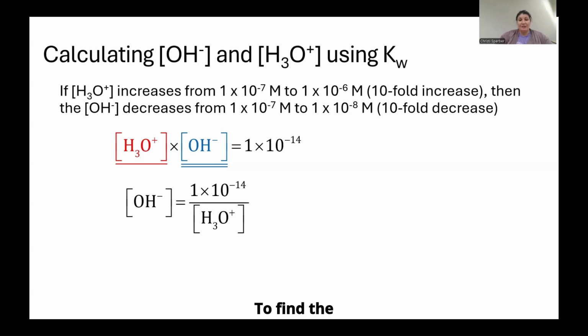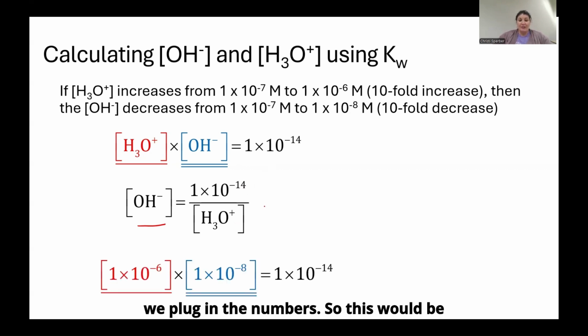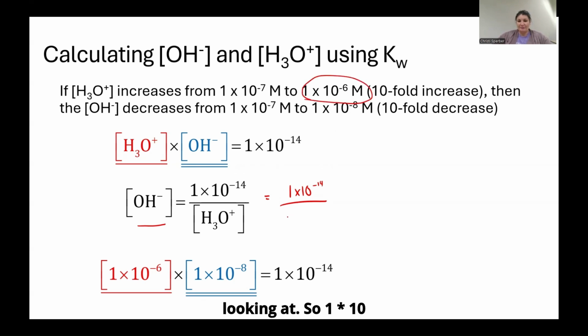To find the concentration of the hydroxide ions, we can manipulate this equation so that we have the Kw on top, and if we know the hydronium ion concentration, we put it on the bottom. We plug in the numbers, so this would be 1 × 10⁻¹⁴ over our new concentration, 1 × 10⁻⁶.